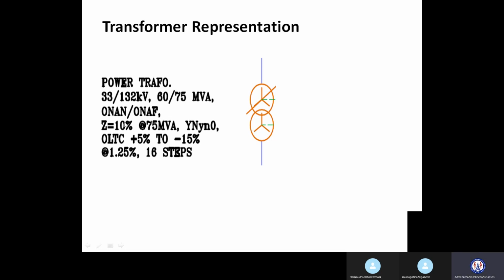Your transformer percentage impedance value depends on two parameters. First, the transformer MVA capacity, and second, the system fault current rating. I will guide you on this value calculation in a coming class, when I guide you on fault current calculation.